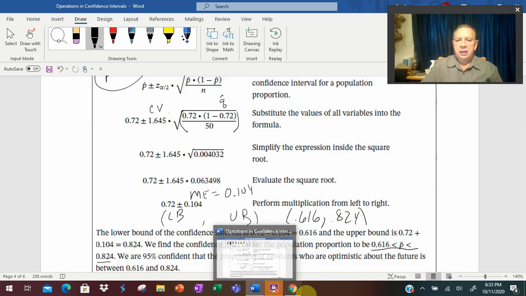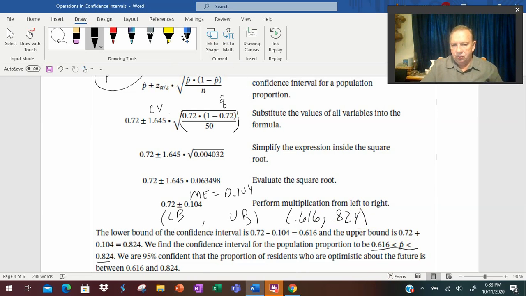Okay. So notice that this really should not be p hat. This should be p. The true proportion, the population proportion, is between 0.616 and 0.824. We know what p hat is. P hat was 0.72. That was the sample.